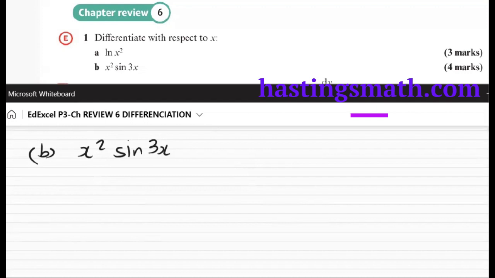So here we have this function, which is some sort of polynomial function, times by a sine function. Obviously, as soon as I see a function times a function, especially in P3, I think the product rule, because we're timesing 2 functions.